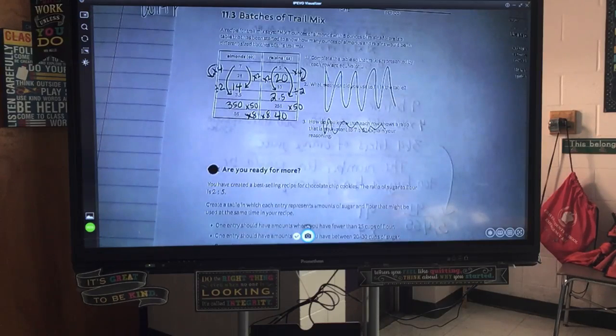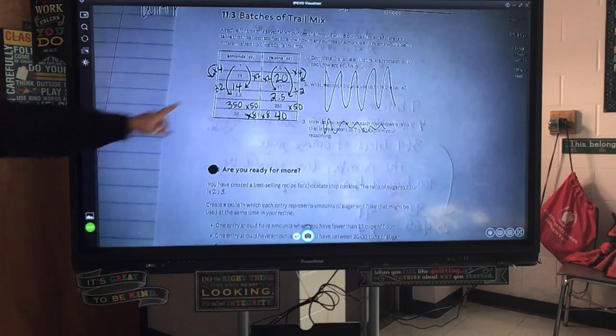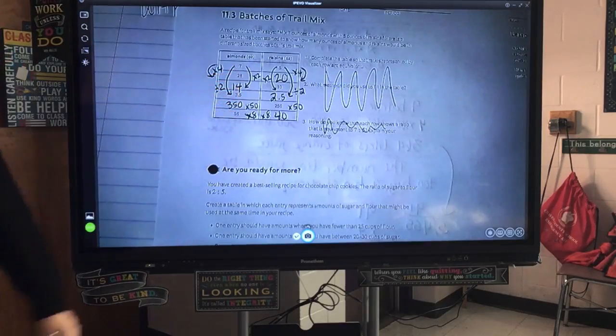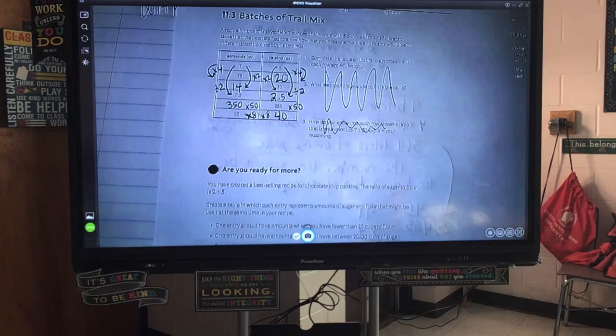What else do you notice about the numbers that we filled in? So 7, 28, 14, 3 and a half, 350, 56. What do you notice about those? Ronnie? So they're multiples of our original ratio, okay? Are they really big numbers?